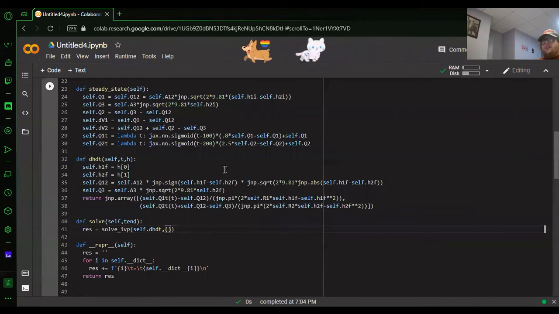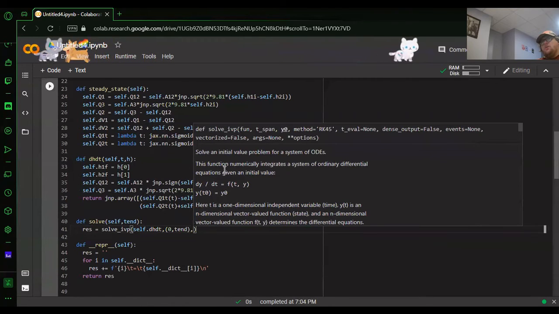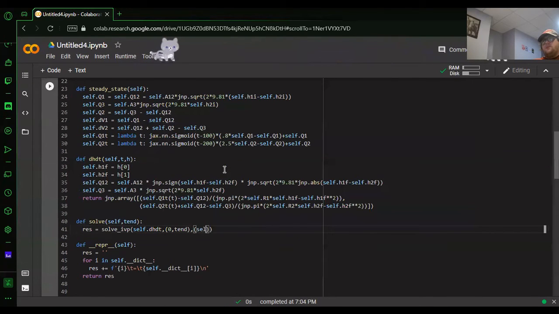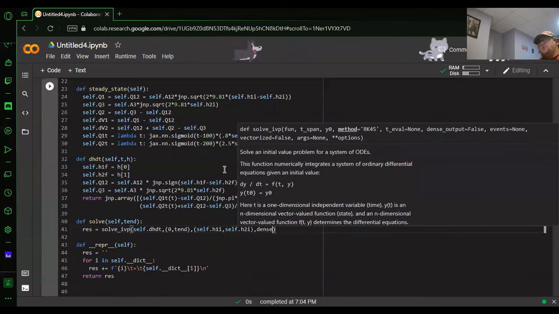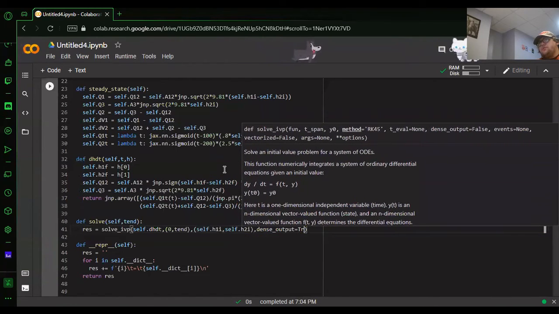Our t_span is going to be 0 to t_end. Our y0 is going to be a tuple with the initial height 1 and the initial height 2. And we're going to turn on dense output.